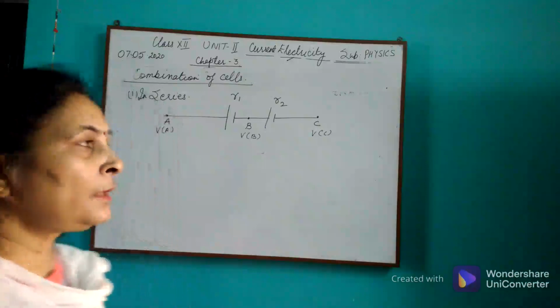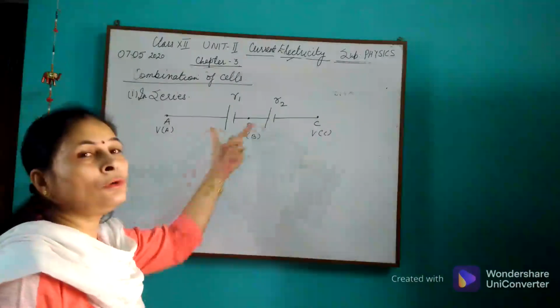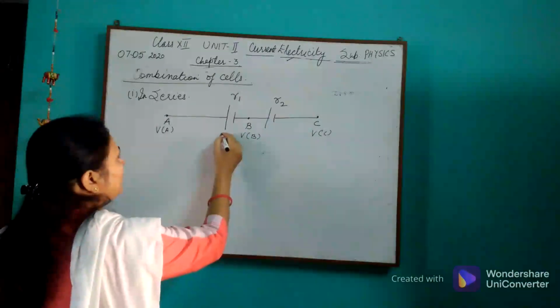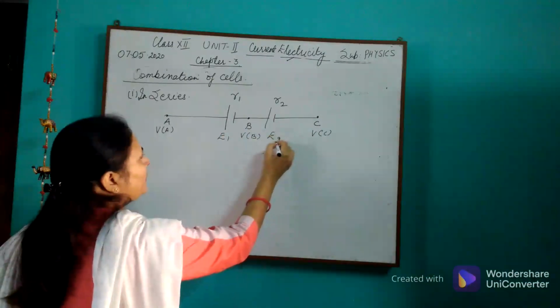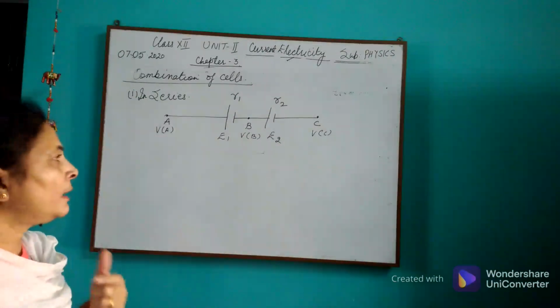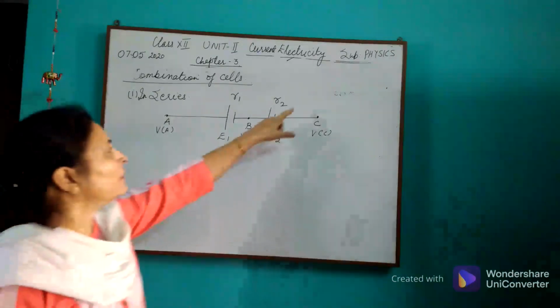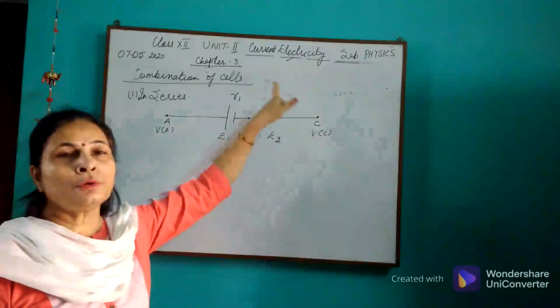We have to calculate what is the effect of this combination of two cells, say with EMFs E1 and E2.